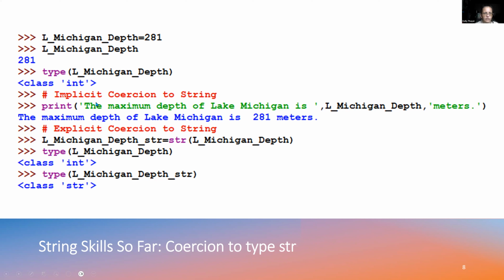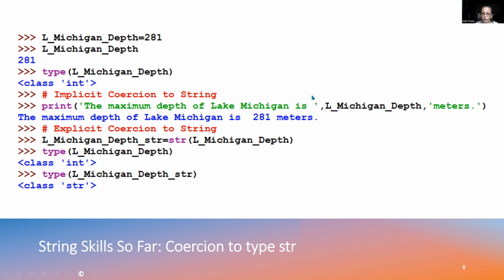But suppose we want to coerce it to a string, and so this is what we were saying about the printing. So here we wish to print a sentence, the maximum depth of Lake Michigan is, and then to fill this in with the actual value and then the word meters after.